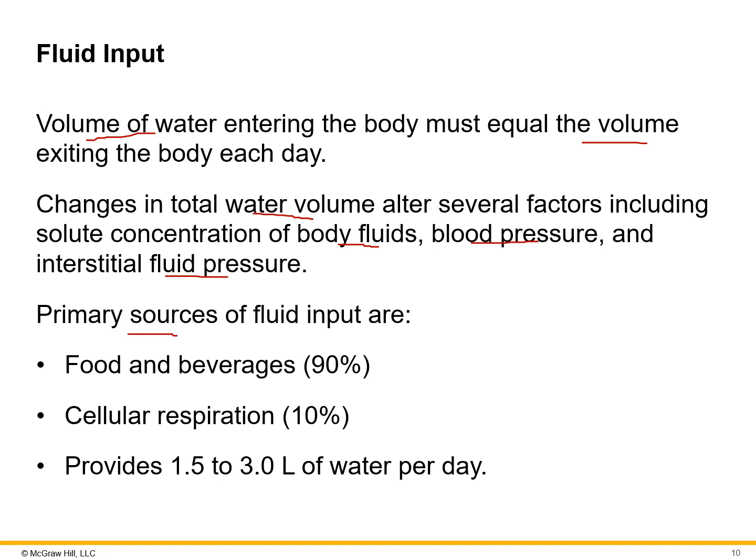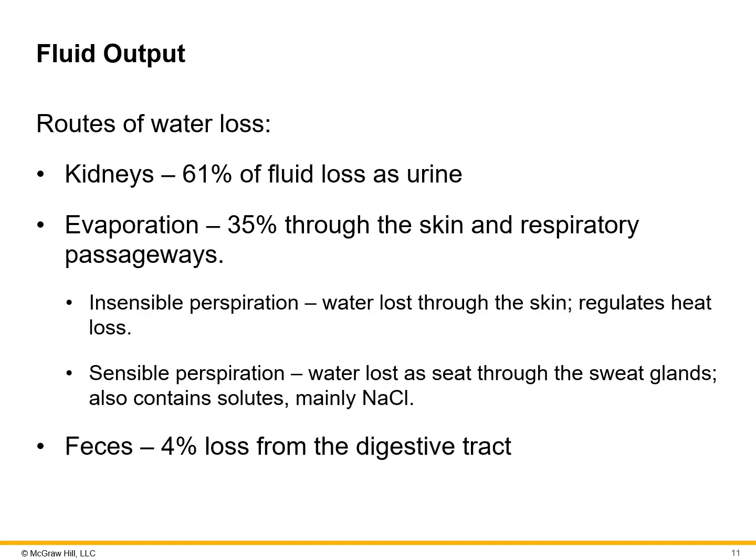The primary sources of water, of course, come from what we eat and drink, but also cellular respiration. As oxygen picks up electrons at the end of electron transport, hydrogen joins along to make metabolic water. So breaking down molecules in respiration produces some water, and ultimately it provides about 1.5 to 3 liters a day.